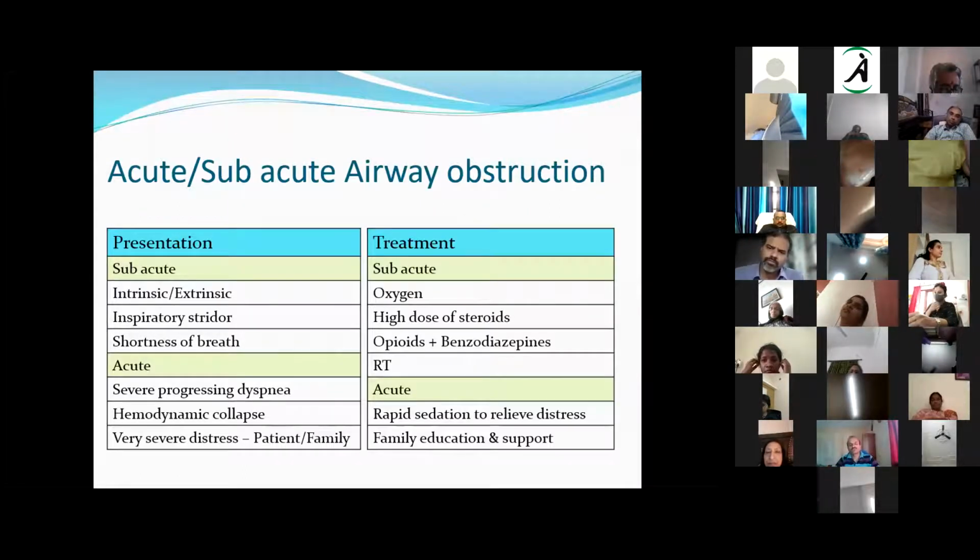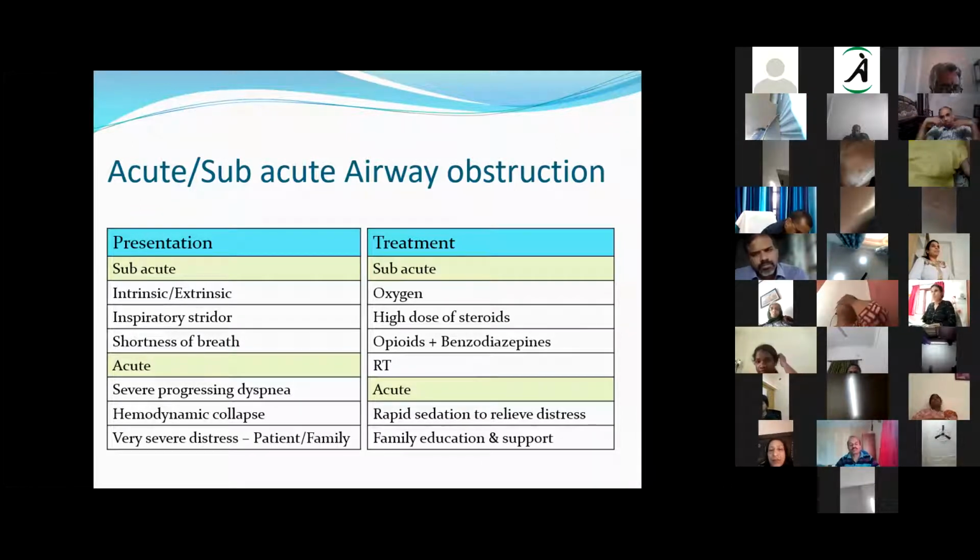Okay. So acute or subacute airway obstruction, that might be an extrinsic cause, like the patient who has a malignancy near the neck, which can compress the trachea or the larynx. Secondly, a patient who has an intrinsic laryngeal tumor or an endobronchial tumor.